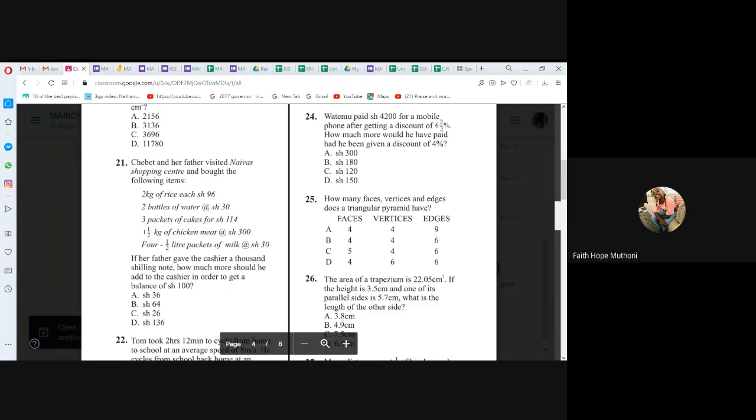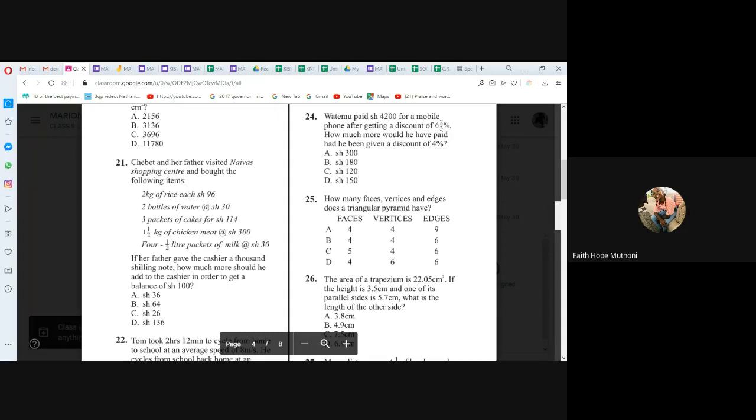Then 3 packets of cokes for shilling 114. You don't multiply, because those 3 packets are 114 in total. Then 1.5 kg of chicken meat at 300 shillings. 'At' means you multiply every kg, so you multiply 1.5 times 300.